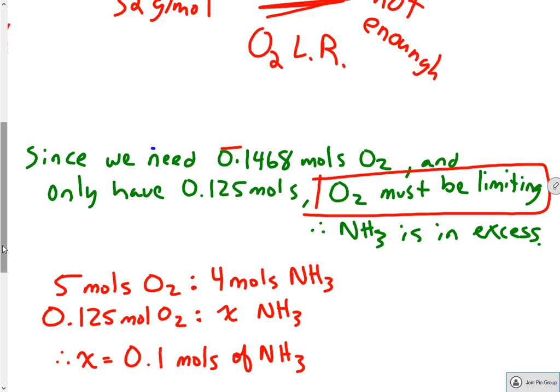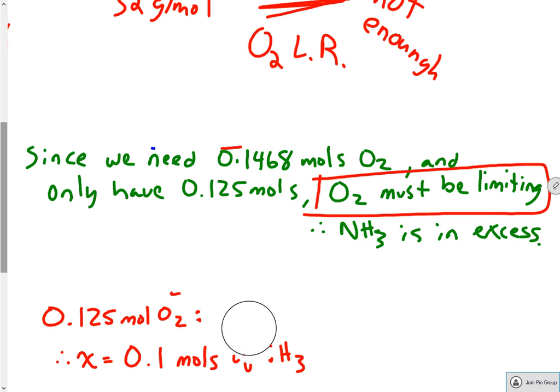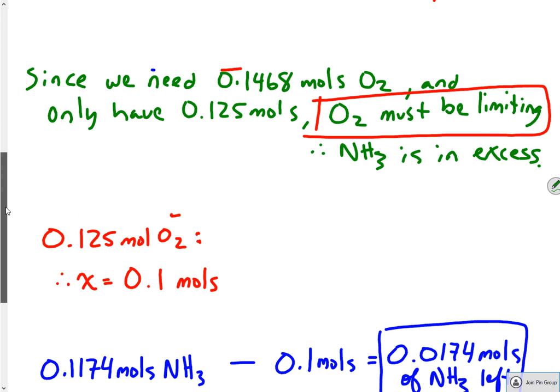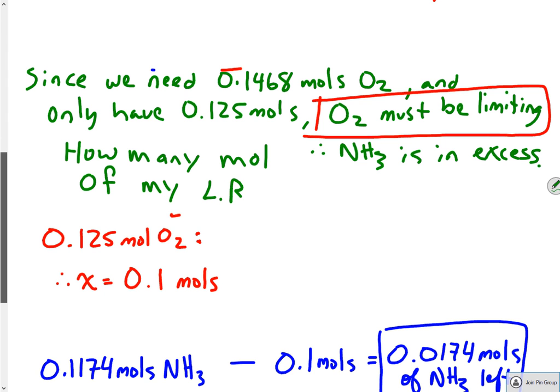So now for the next part here. If I know that I'm not going to have enough oxygen, what I need to figure out is how many moles of ammonia I'll use, and how many moles of my excess reagent I have left over, in this case ammonia, NH3.